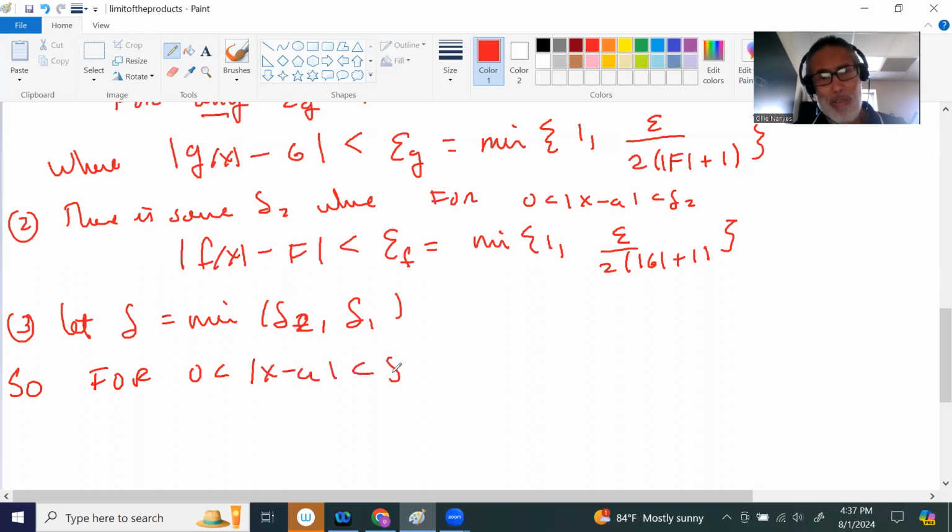Well, we got this. Now remember, this delta is smaller than those two deltas there.